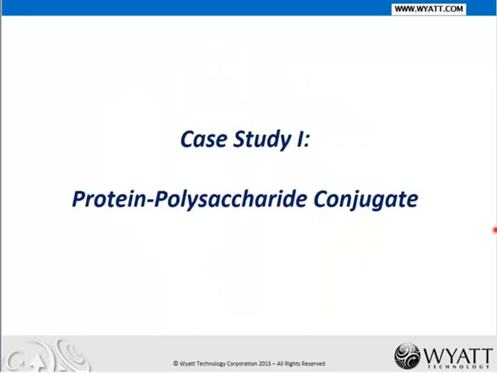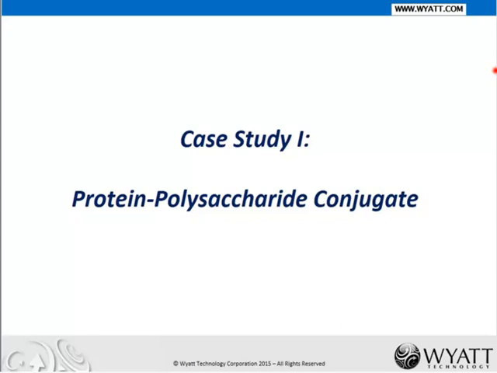The first case study is with protein-polysaccharide conjugate. Those are the vaccines against the diseases from bacteria. And they're usually very polydispersed in molecular weight, so a separation technique is needed. SEC usually is the first technique to use because it's more available for most labs.